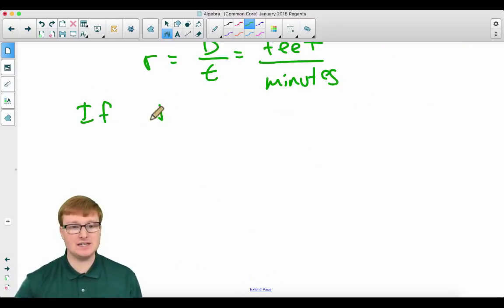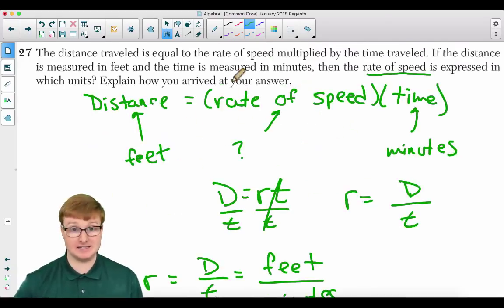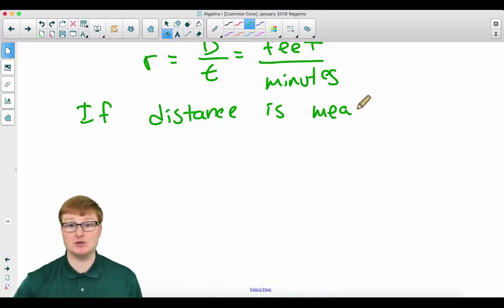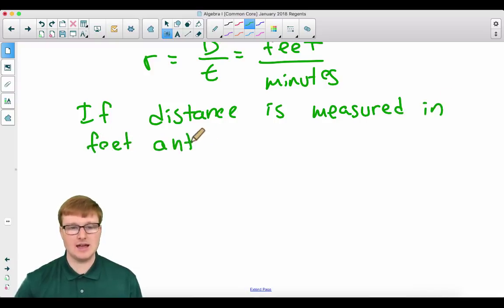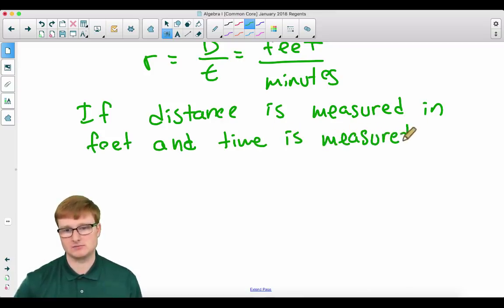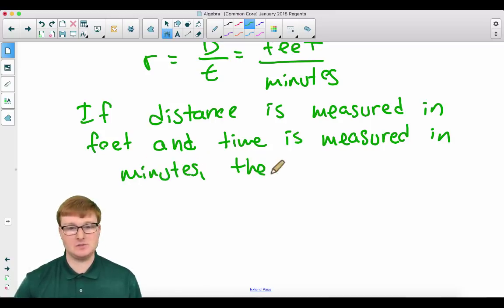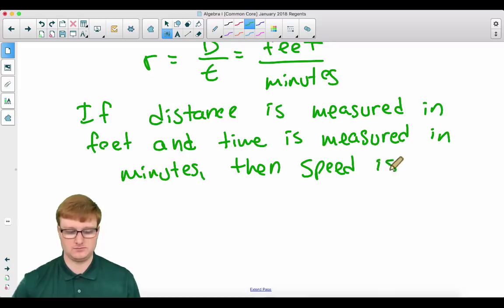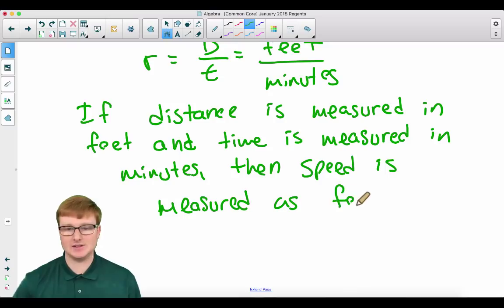So if the distance is measured in feet, by the way, it does say explain your answer, so you need to use English, use words. So if distance is measured in feet and time is measured in minutes, then the speed is measured as feet per minute.